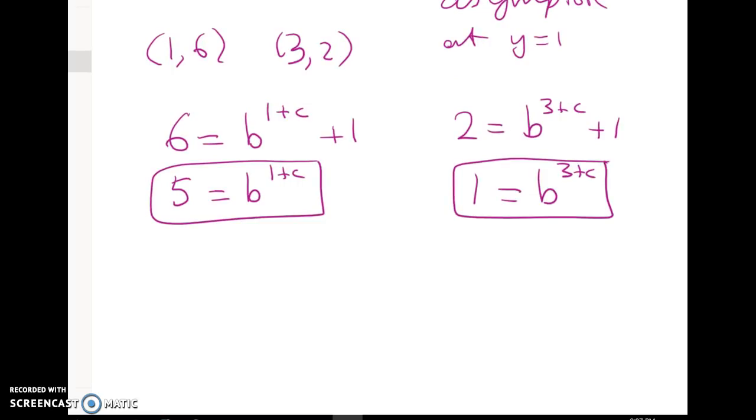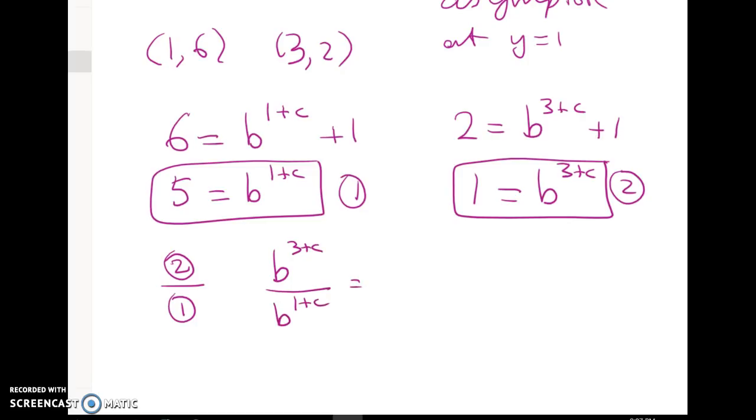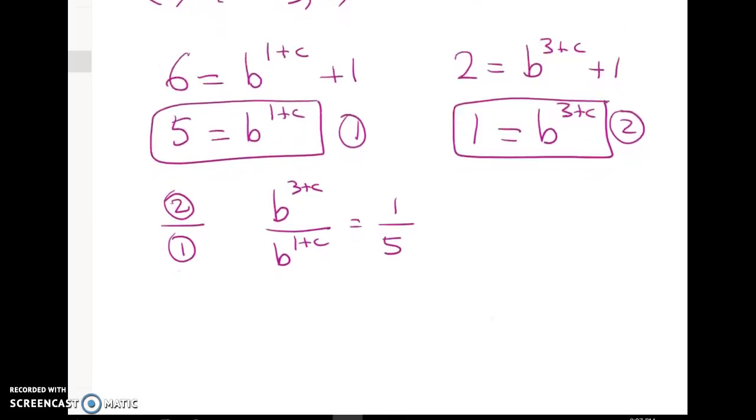What do I do? Well, if I've got this is equation 1 and this is equation 2, I'm going to go like this. It doesn't matter which way around, but I'll do 2 divided by 1. So b to the 3 plus c over b to the 1 plus c is equal to 1/5. Now here I've got the same base, so I subtract the powers.